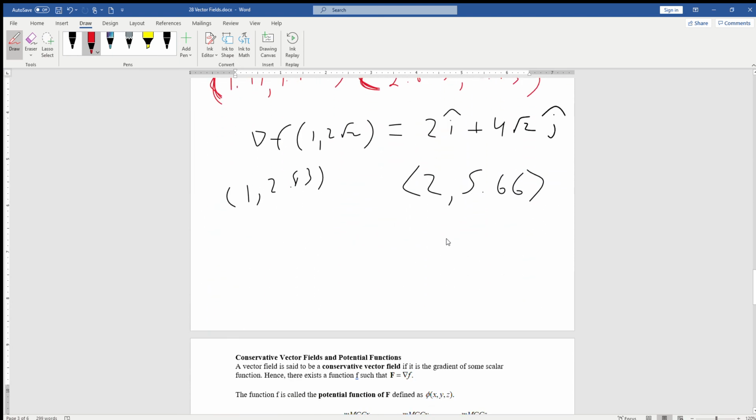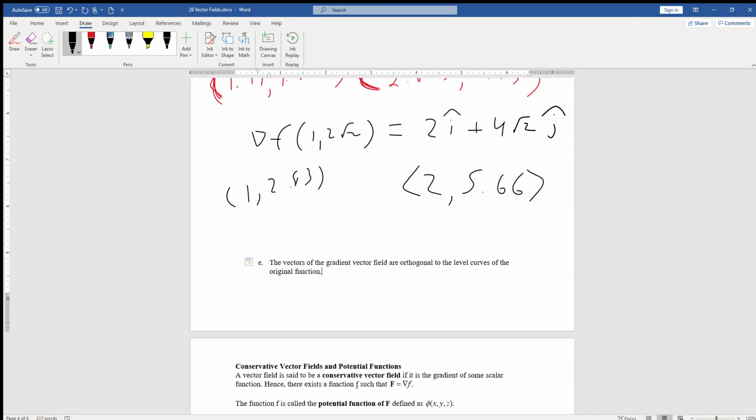Okay, so what we can say for part D is we can say that the vectors of the gradient vector field are orthogonal to the level curves of the original function.